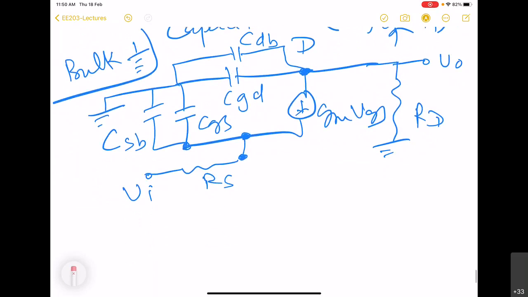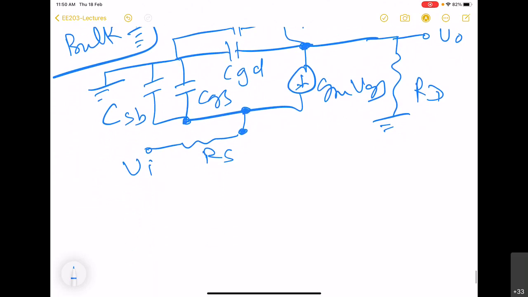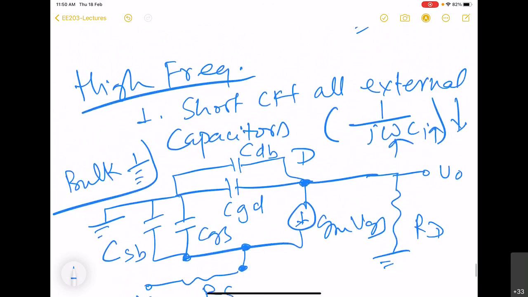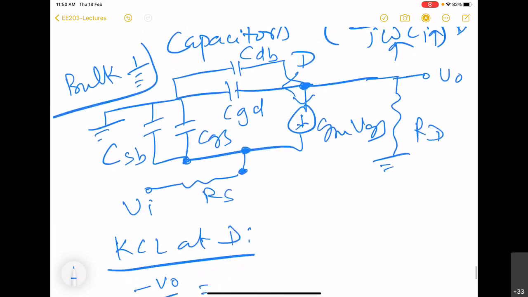So we can now analyze this circuit, and here you can write KCL at drain, right? That will give minus VO by RD equal to the sum of this current and the combined current through these two capacitors.